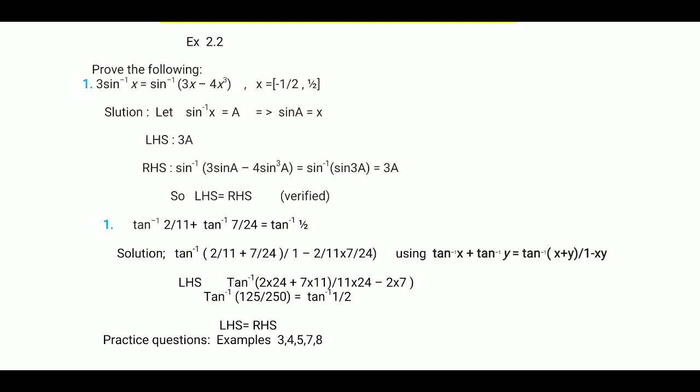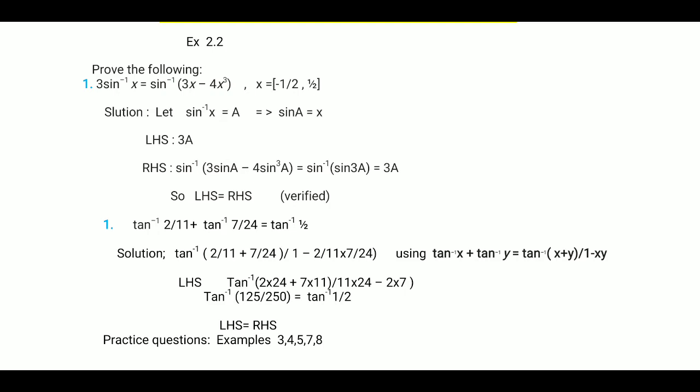So what happens to the left hand side? This becomes 3 sin inverse x, that is equal to 3a. And in the right hand side again put the value of x: sin inverse 3 sin a minus 4 sin cube a, as x is equal to sin a.